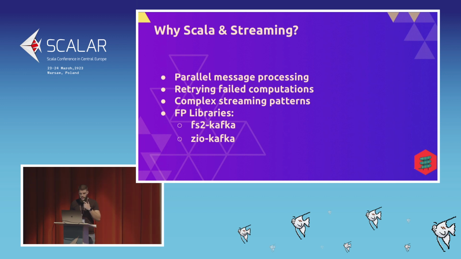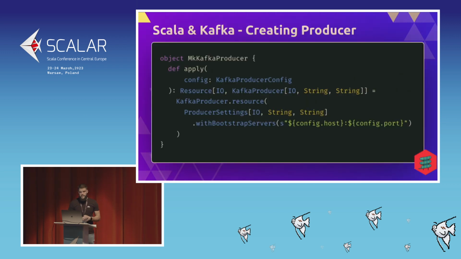So to demonstrate how you can use Kafka in your Scala project, I will utilize Cats Effect and the FS2 Kafka library for all the examples, but everything can be pretty easily translated, for example, to ZIO and ZIO Kafka. First, let's begin with the basics, creating producers and consumers.